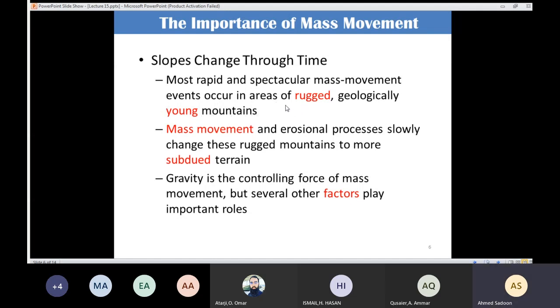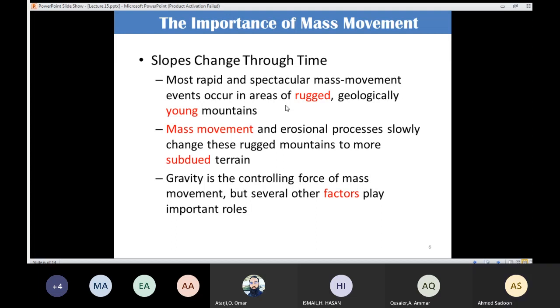Areas of rugged means an area that is not even. It's difficult to travel over it. So if you have an area like this one, the mass movement is going to take place in that area.